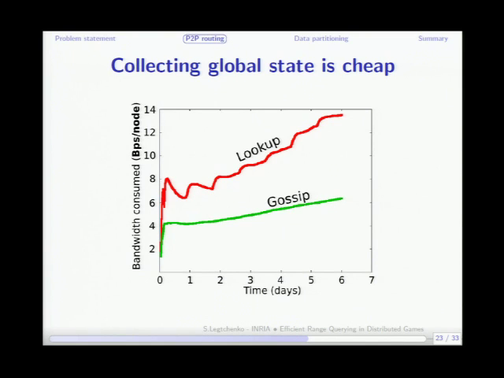One might say that collecting the global state is expensive, so we estimated the bandwidth usage that is needed to propagate the global state. So we evaluated the consumption per peer during a whole week, and at the end of each day, we completely changed the distribution.